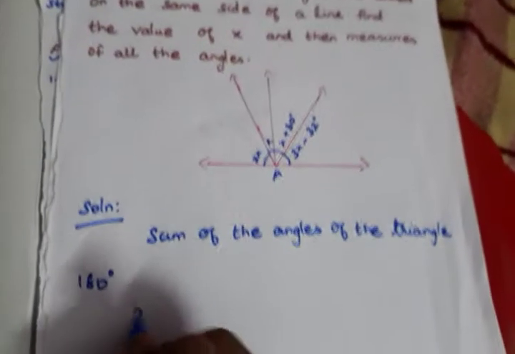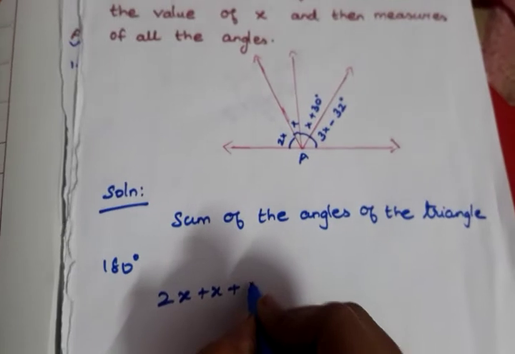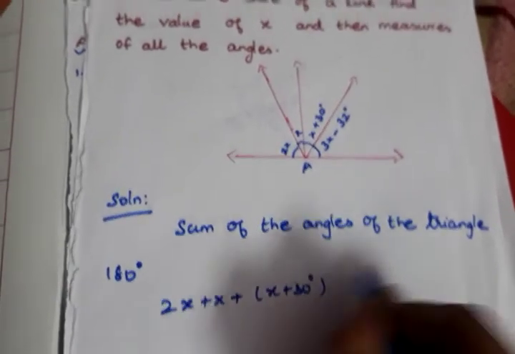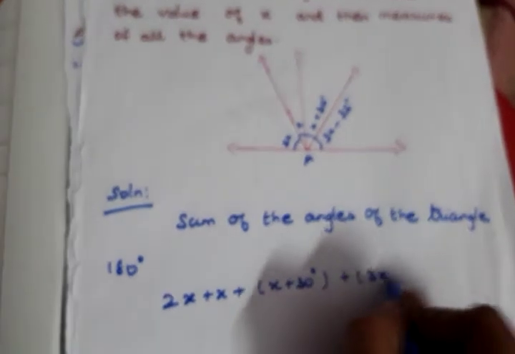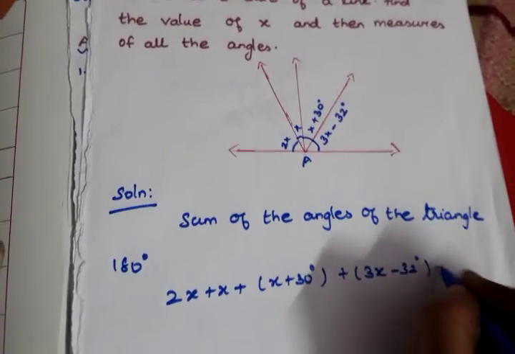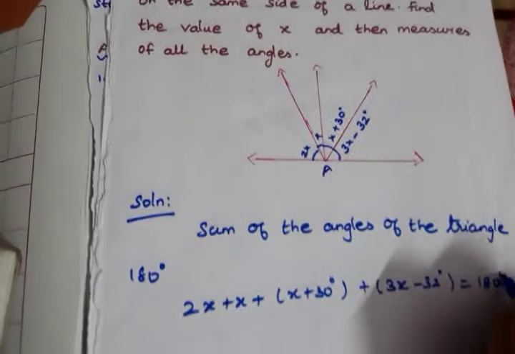Okay, so add all the angles. So 2x plus x plus x plus 30 degree, 3x minus 32 degree equal to sum of all the angles value 180 degree.